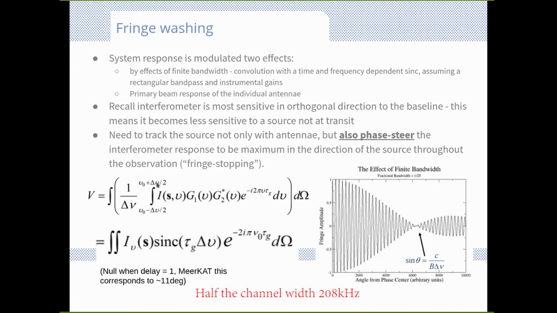So about 400 megahertz in case of MeerKAT L band, right? So in case of the coarse channelization, at 0.28 megahertz, the interferometer, not the antennas, the interferometer itself is maximally sensitive only up to this point where it has a null, and that corresponds to roughly about 11 degrees.